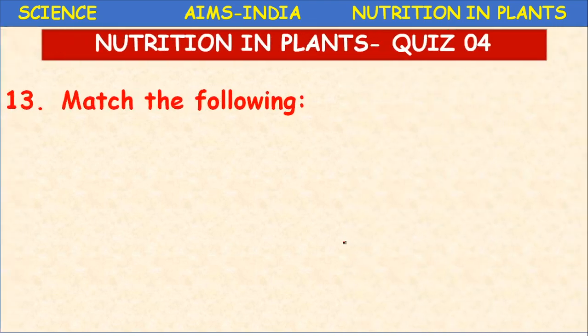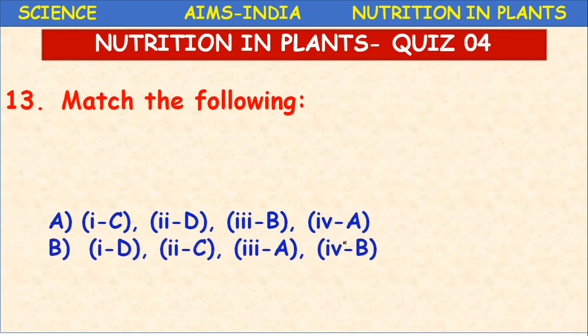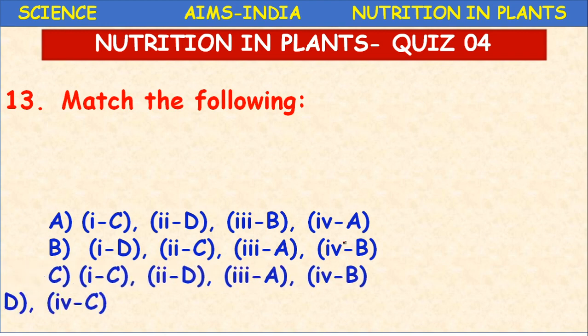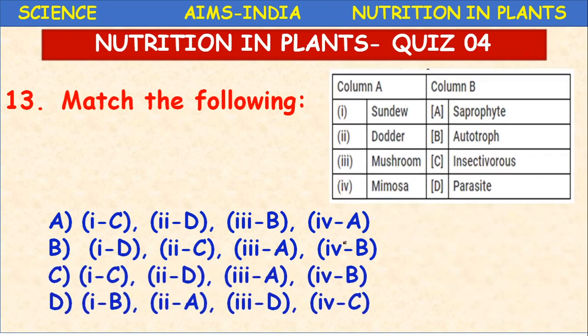Next question. Here also a match the following type question is given. Column A and column B are given. Column A: sundew plant, dodder, mushroom, mimosa. Mimosa is a land plant. Okay. So whenever you are attempting these type of questions, first match the known ones.